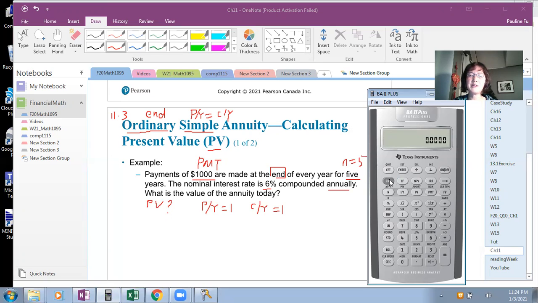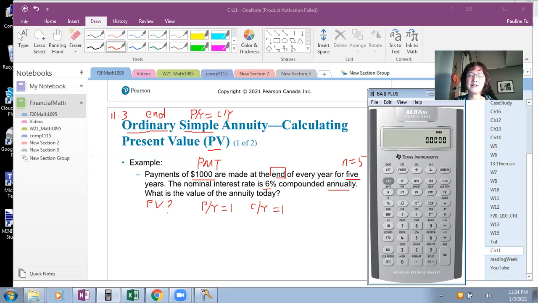To see the begin mode, second begin, second enter, second quit. See, you have BGN on the top right corner of your calculator. This is begin mode. This chapter is about end mode. This question is end.